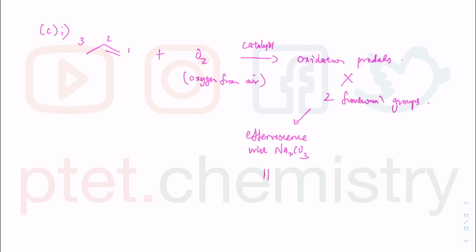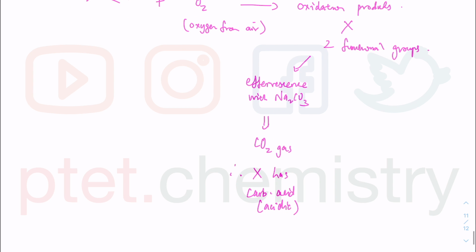So effervescence with Na2CO3 means I have CO2 gas. Therefore, X has a carboxylic acid. Carboxylic acid is your acidic group. It will react with carbonate to give you carbon dioxide, metal salt, as well as water.